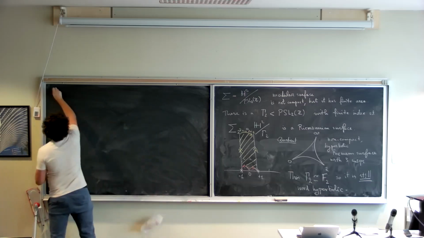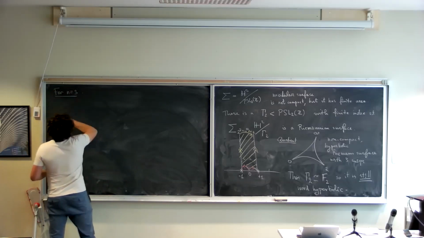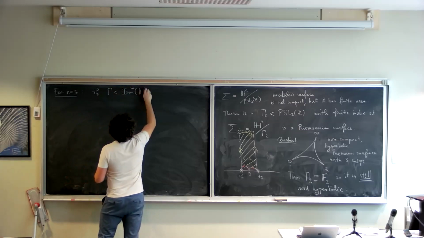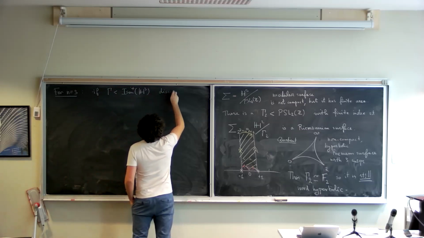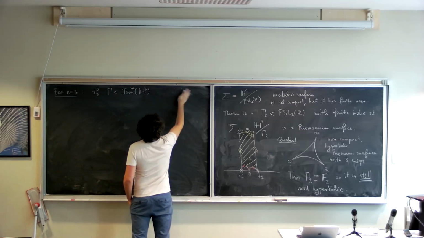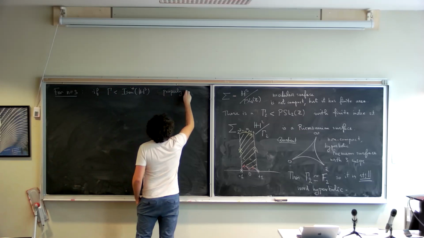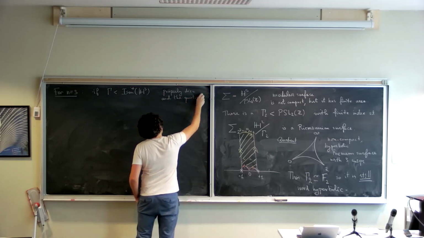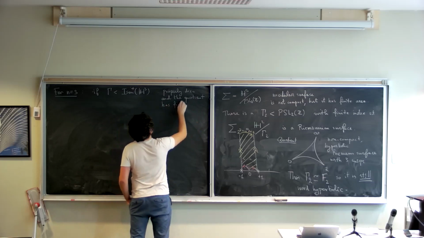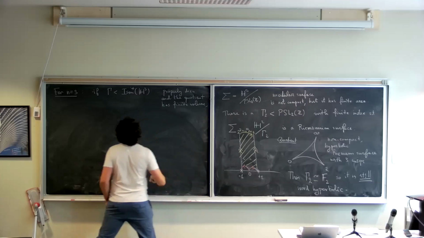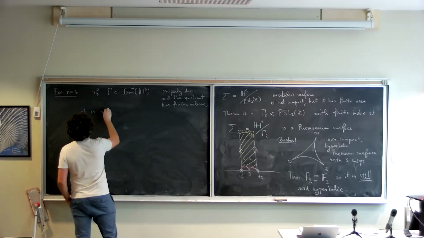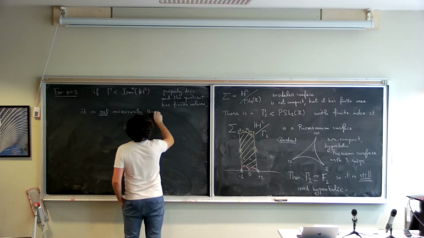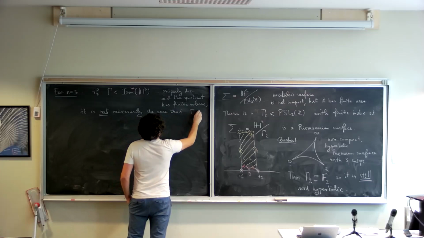So for n equals 3, on the other hand, if gamma acts on H3, even orientation preserving, discretely, so let's say properly discontinuously, and the quotient has finite volume, it is not necessarily the case, usually mostly not the case, that gamma is word hyperbolic.